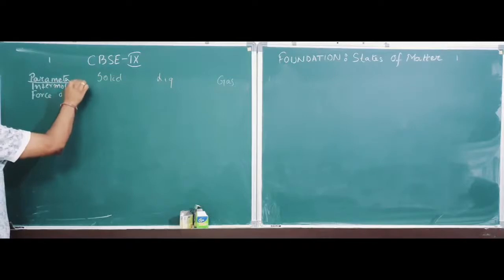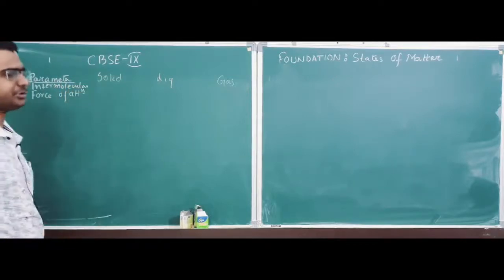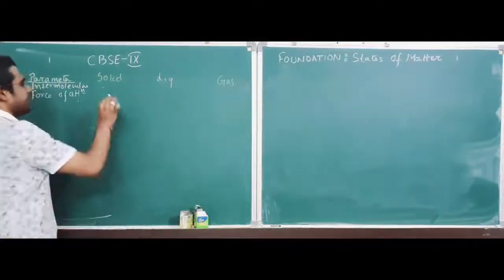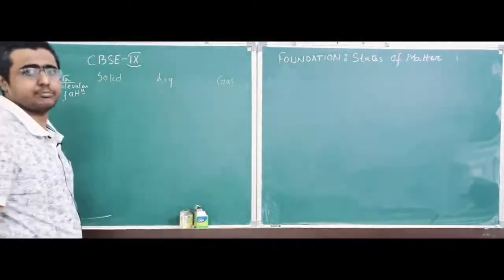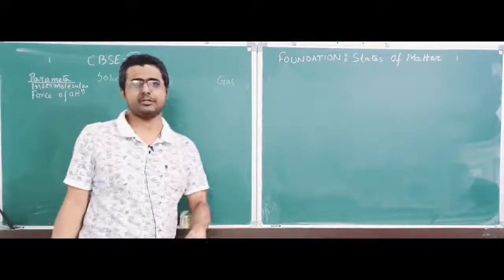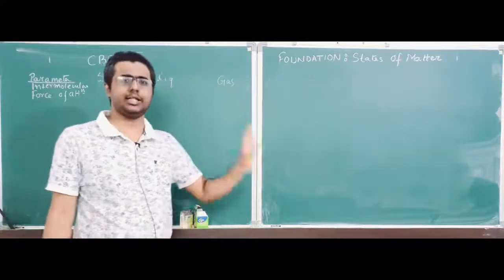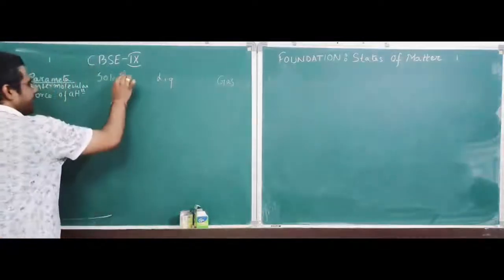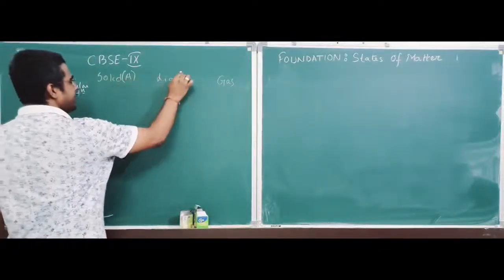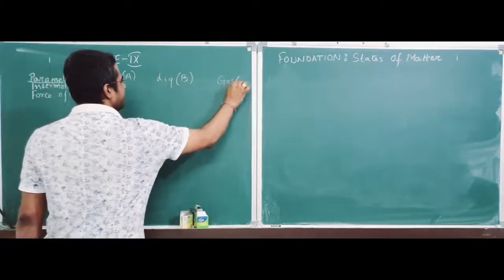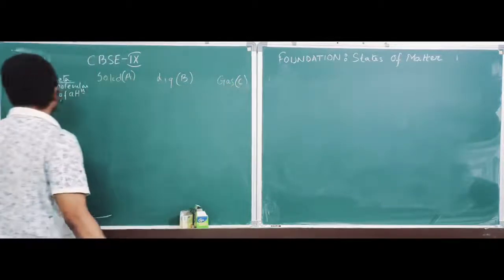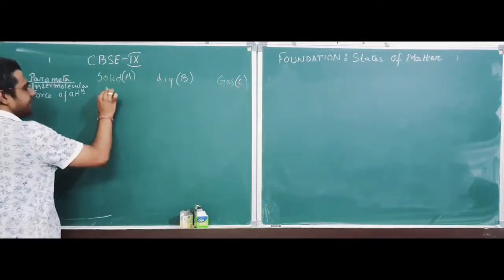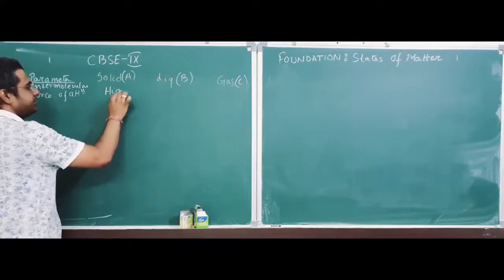This is the attraction between either atoms or molecules in a solid, liquid or gas. So we have already studied in case of solid, it is like family A, which does not let the child go out to play at all. So the family A has a lot of attraction, this is strict, while family C is the one with fun. So intermolecular force of attraction is high in case of solid, we know this.